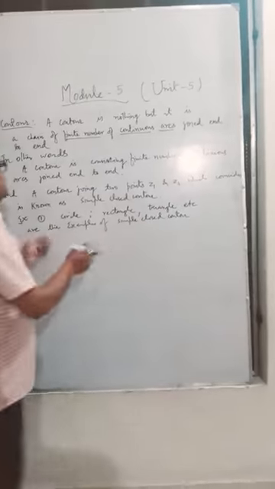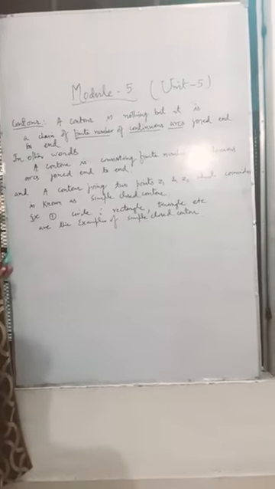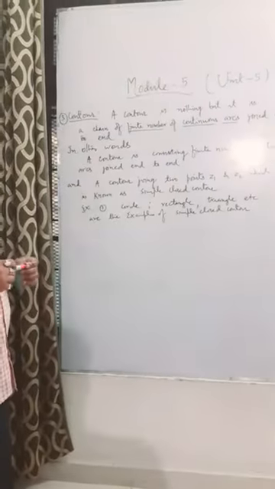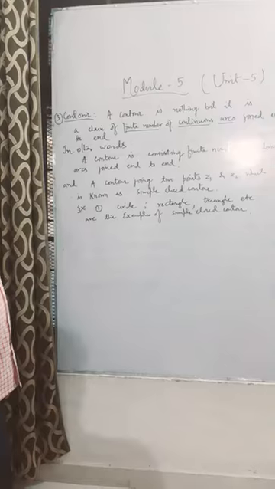This is the definition number 3, I think. First one is continuous arc, second one is curve, third one is contour.